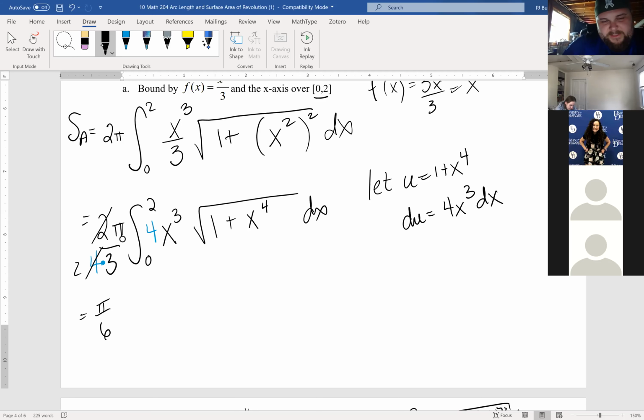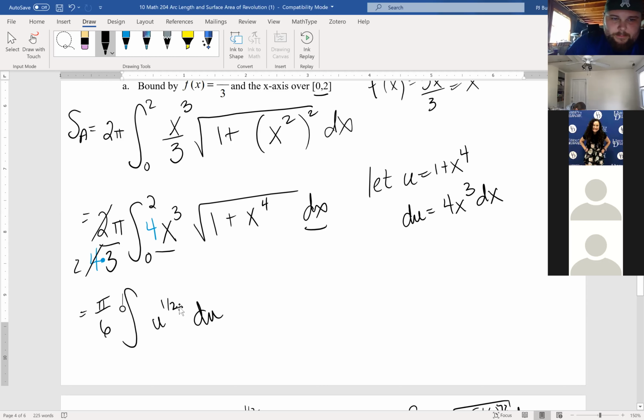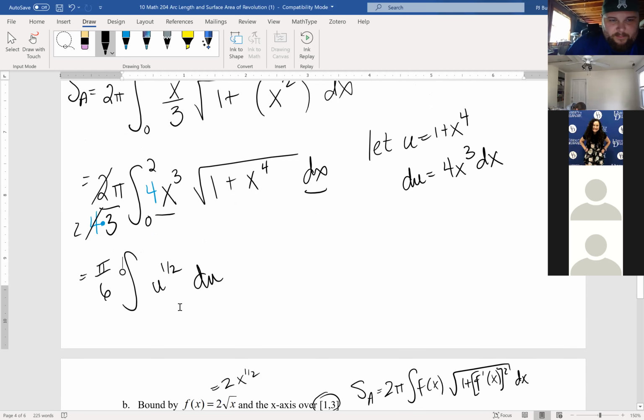So we got pi over 6 out front. And then inside, all of that is du. And we have u to the 1/2. And again, if u is, or if x is 0, u is 1.